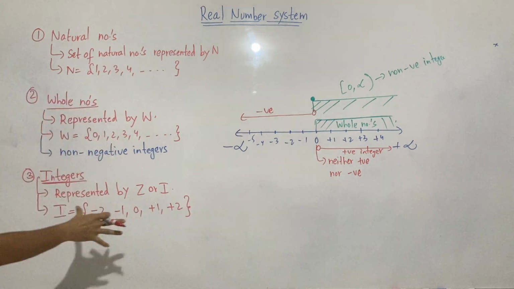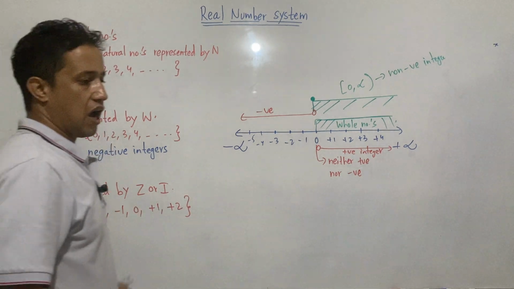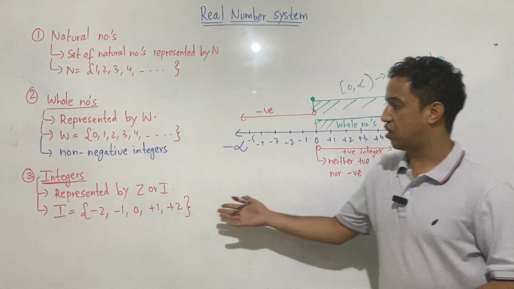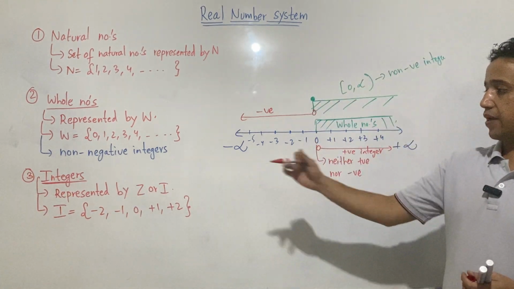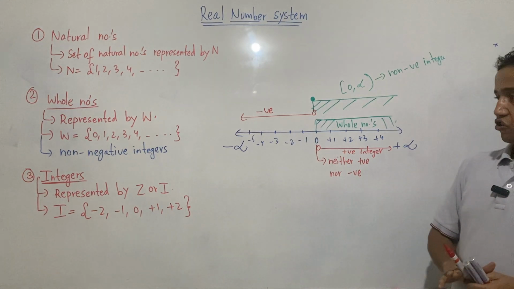This set is the set of integers. Why? Because I have negative integers and I have positive integers too.